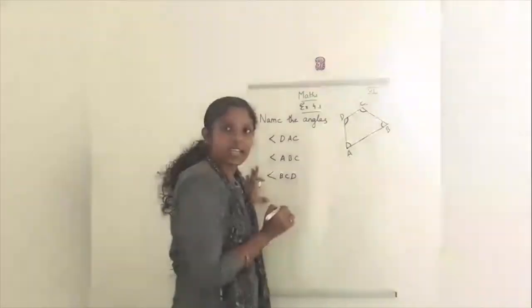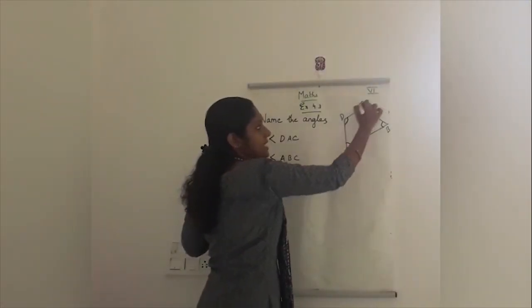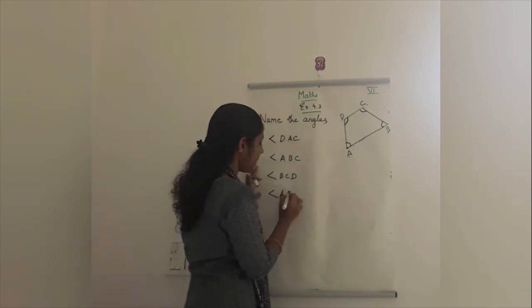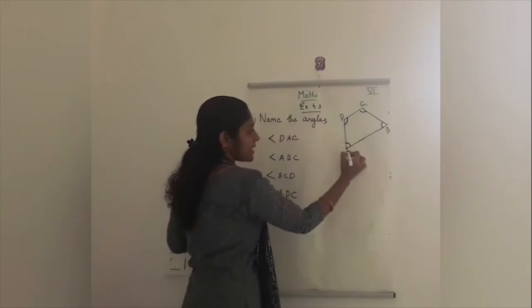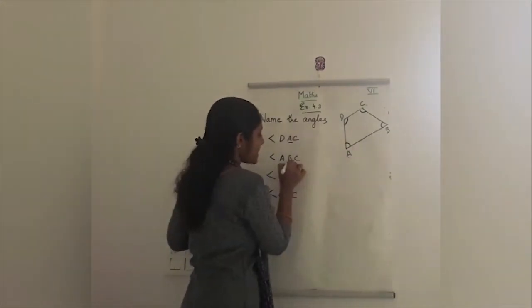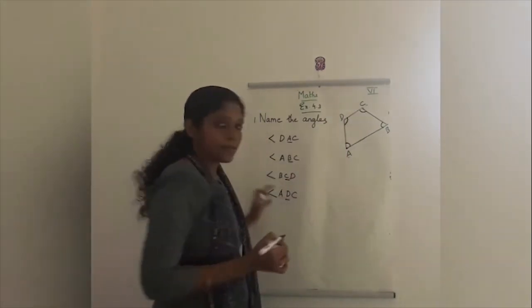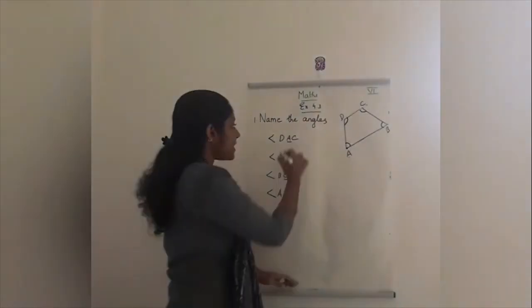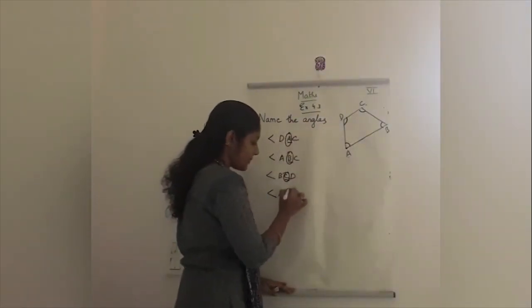And the last one you can write as ADC. Here the vertex A has come in the middle, B has come in the middle, C has come in the middle, and D also has come in the middle. So the vertex should always come in the middle. That is the only thing you have to keep in mind.